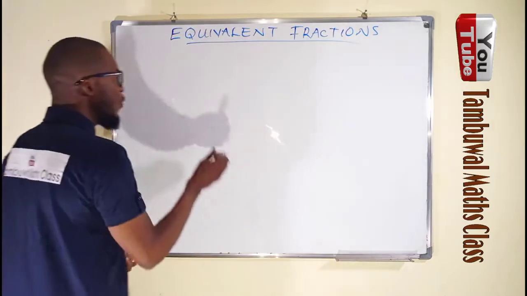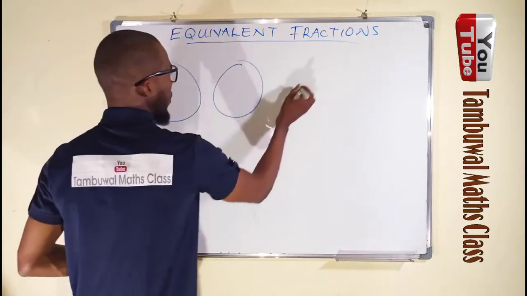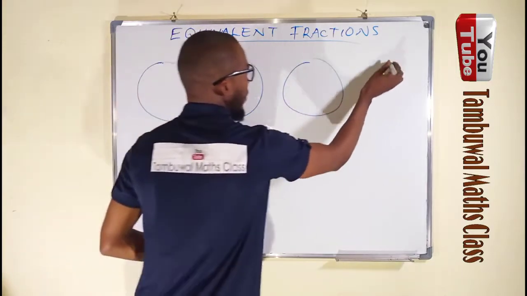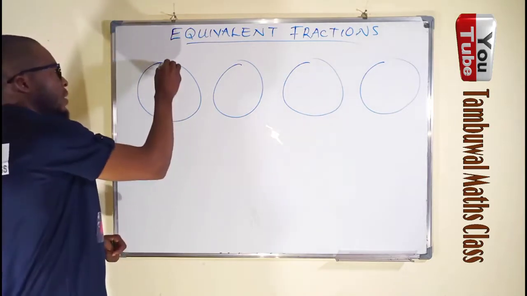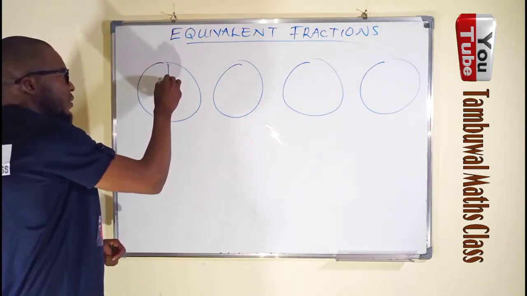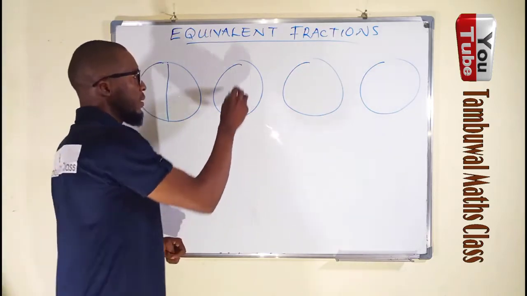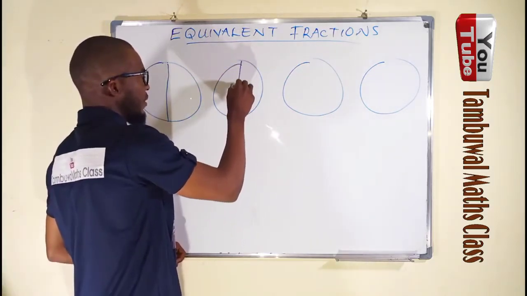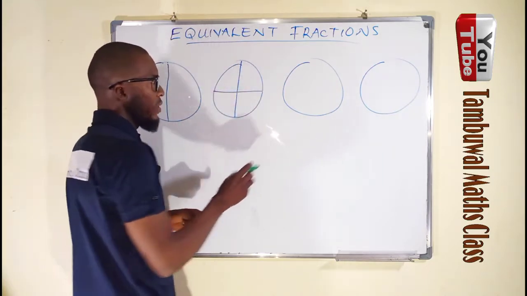Let us consider 4 circles. We have 1, we have 2, we have 3, and we have 4. Let us divide this one by 2. Let us divide this one like this by 4.